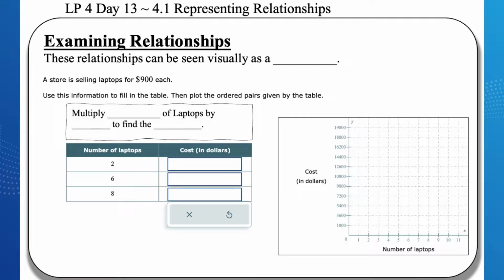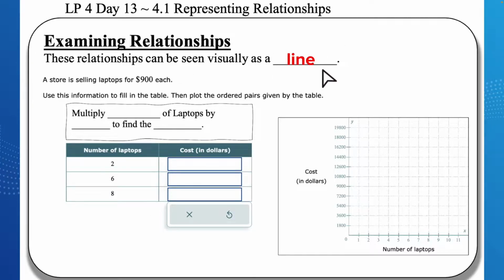All right, so we're going to continue to examine relationships. This is when we're looking at a linear relationship and figuring out what that actually means and what it looks like. In the previous video on representing relationships, we looked at a word problem and broke down how to interpret the information we're given. Now we're going to look at these relationships visually, and we can see them in a line.